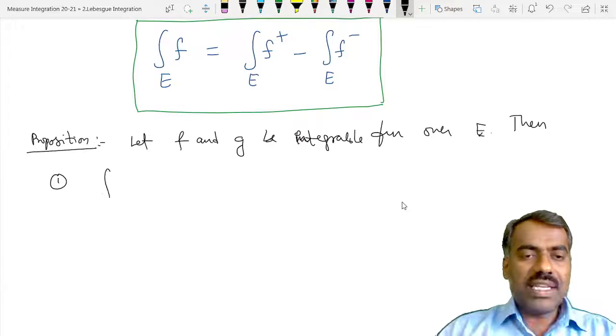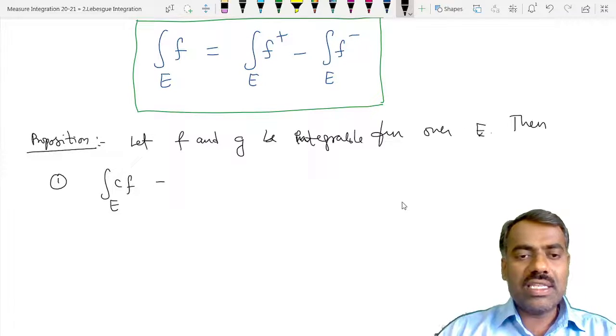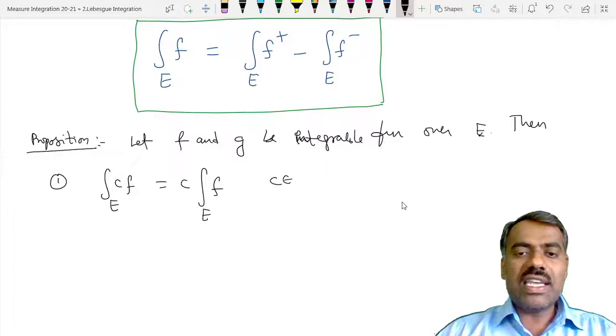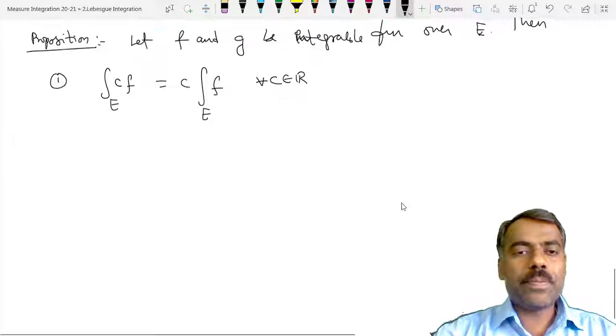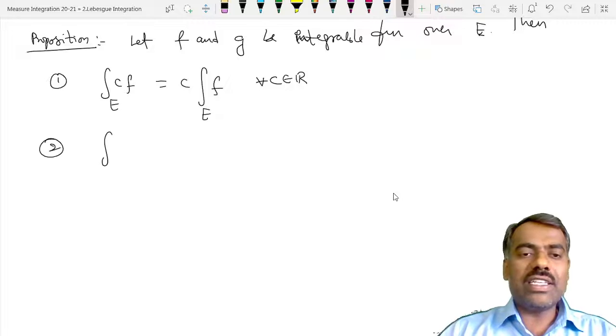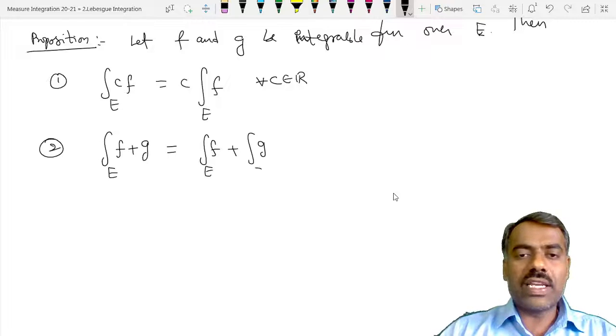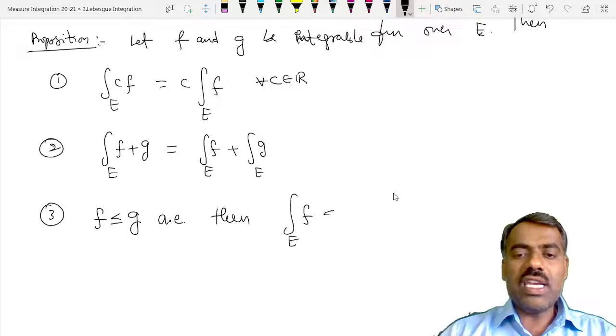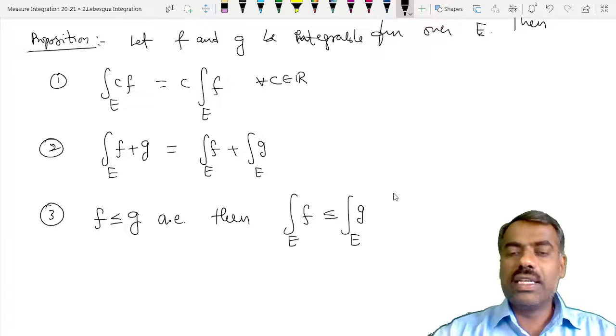The integration of c times f over E is the same as c times integration of f over E, where c is any real number, right? The second one is about linearity. That means integration of f plus g over E is integration of f over E plus integration of g over E. Then the third one, monotonicity. That means if f is less than or equal to g almost everywhere, then integration of f over E is less than or equal to integration of g over E, right?